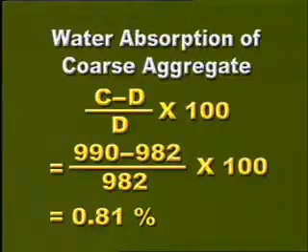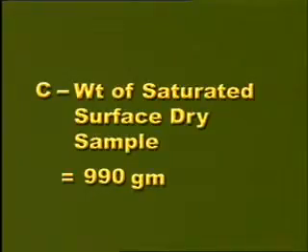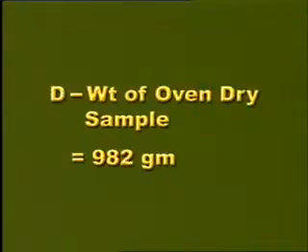For calculating water absorption of coarse aggregates, the formula used is C minus D divided by D multiplied by 100, where C is the weight of saturated surface dry sample and it is 990 grams in this case. D is the weight of oven dry sample and it is 982 grams in this case.